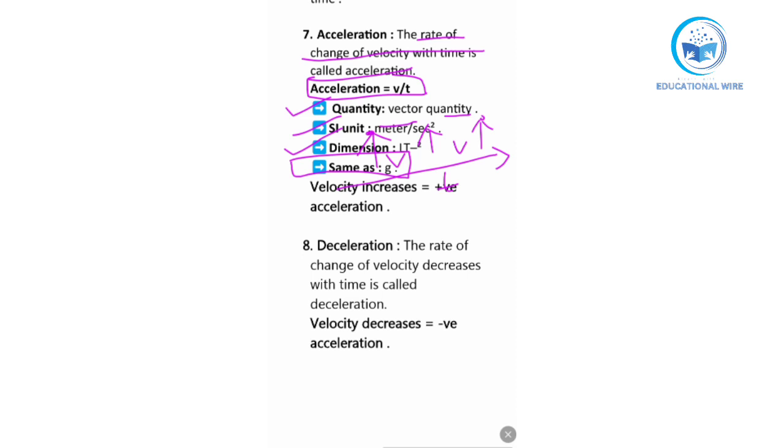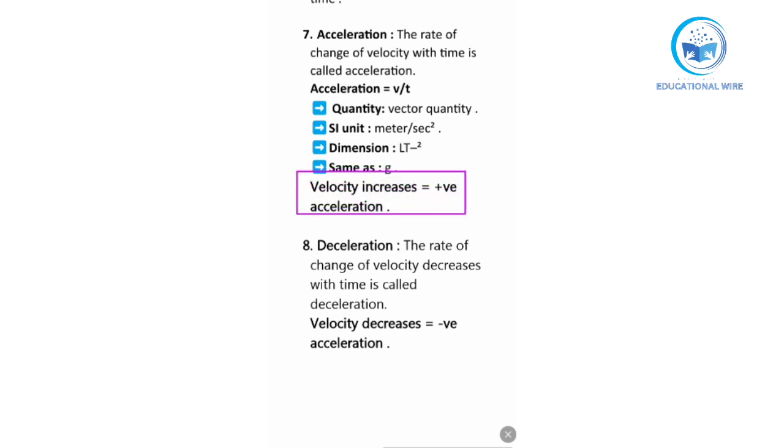One more point I have written over here: when velocity increases we have positive acceleration, and when velocity decreases we have negative acceleration. So we are talking about deceleration. In deceleration, the rate of change of velocity with time decreases. How does it decrease? Like here we have 3 men, 1 2 3.